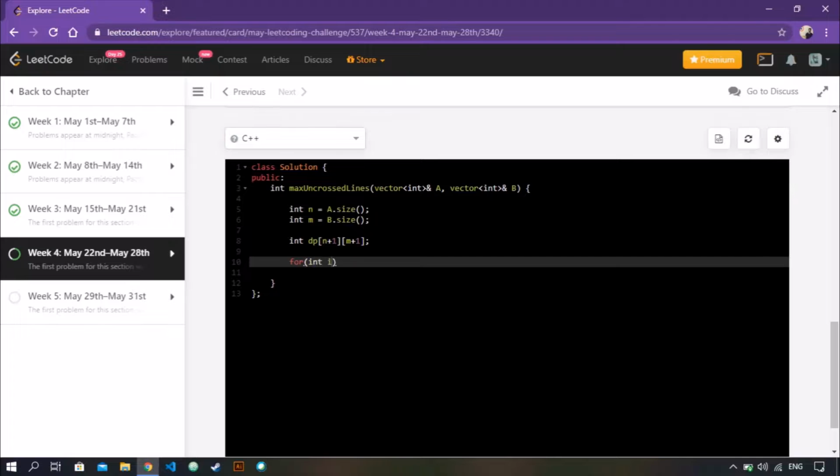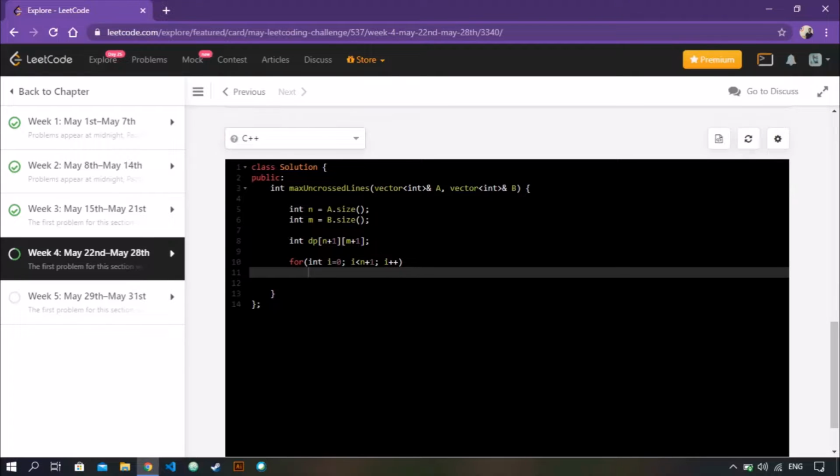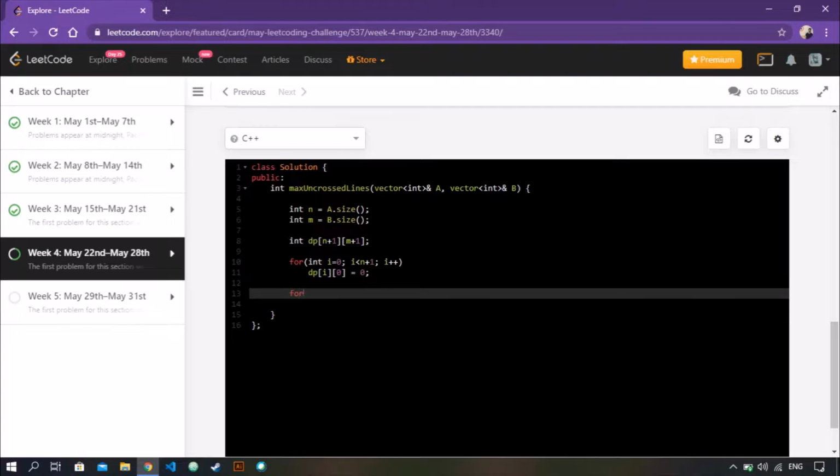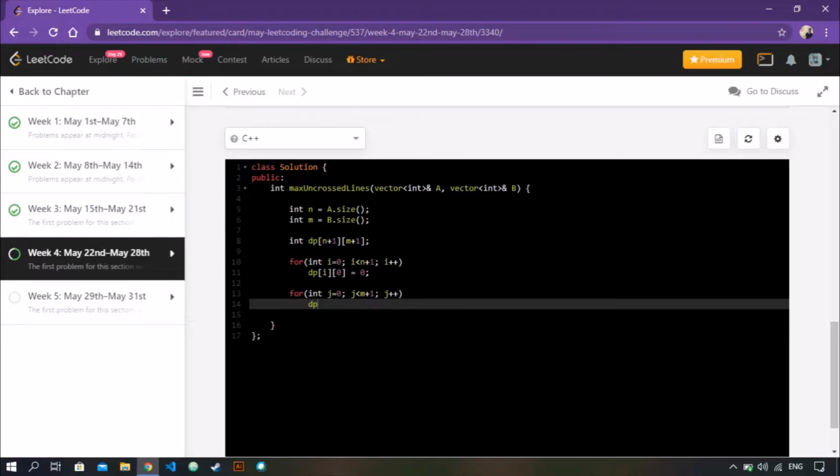Now set its first column to 0, and first row to 0.